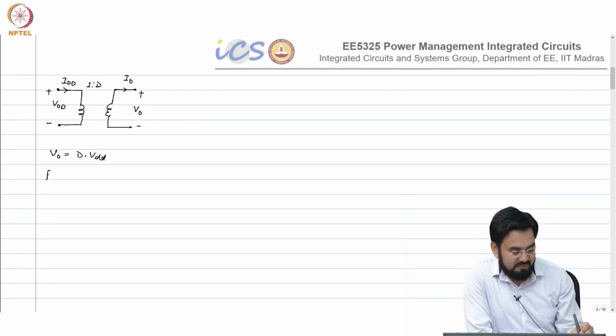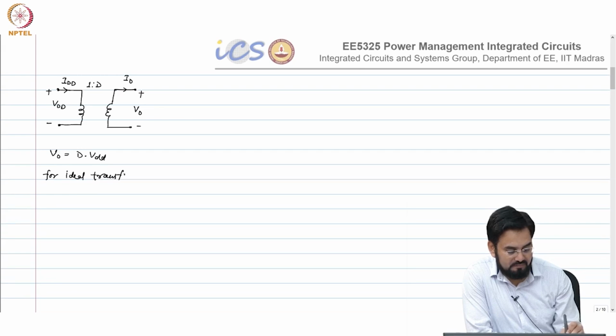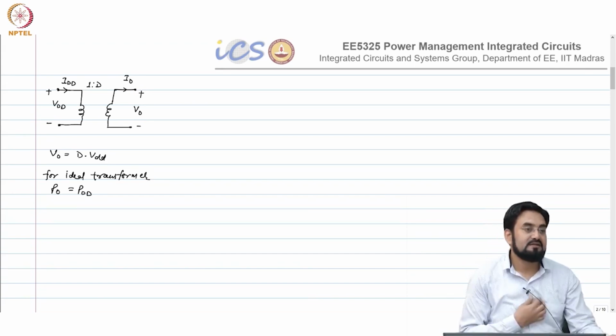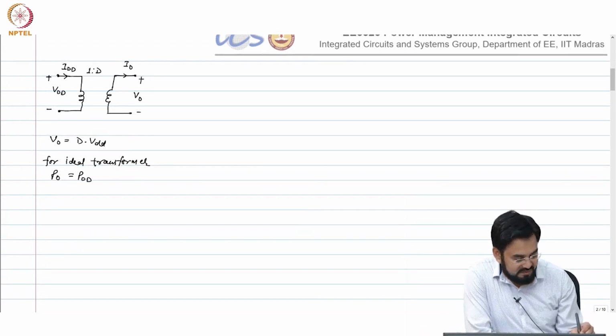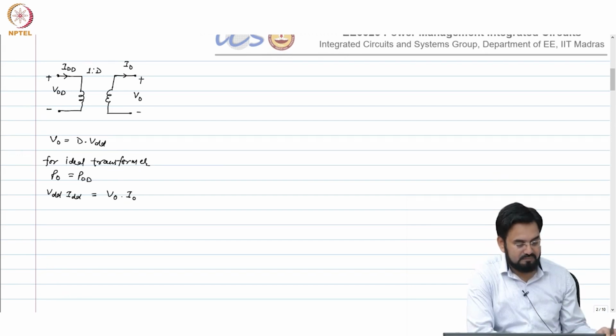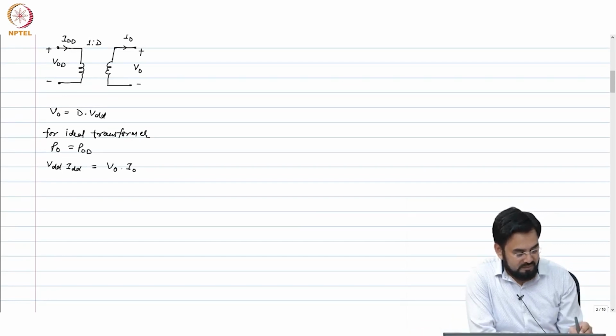So, for an ideal transformer, P out is equal to PDD, correct, which means VDD... so we know V out is D times VDD. So, what is IDD? D times I out.